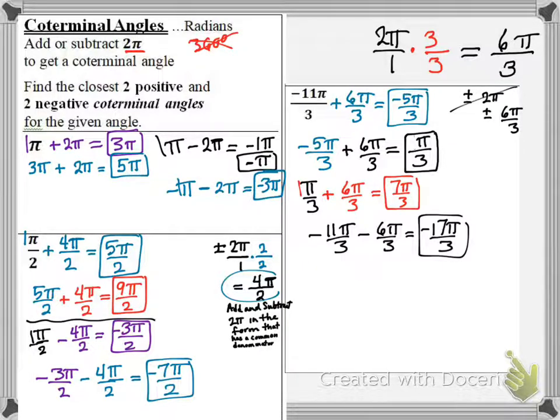But if instead I took this negative one I know, negative 5 pi over 3, and added on a full circle. Nope, I'm trying to get negative. Let's subtract a full circle. I will end up with negative 11 pi over 3.